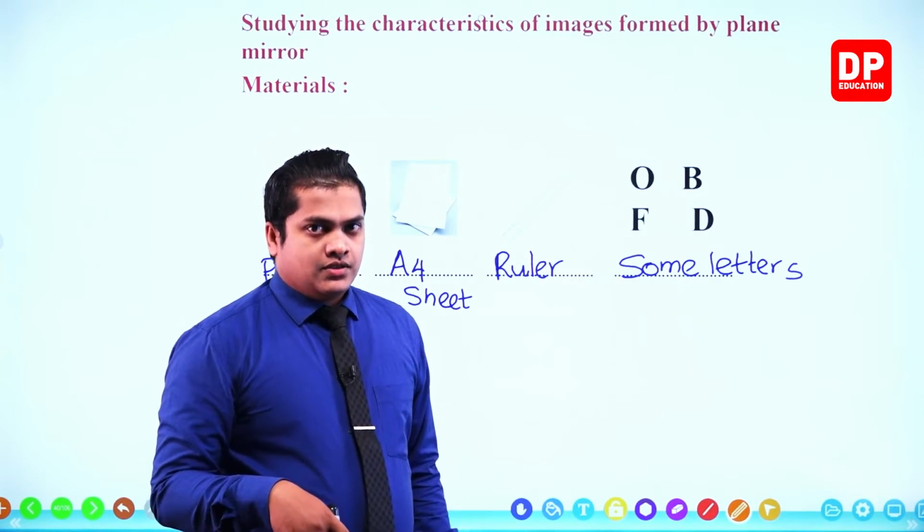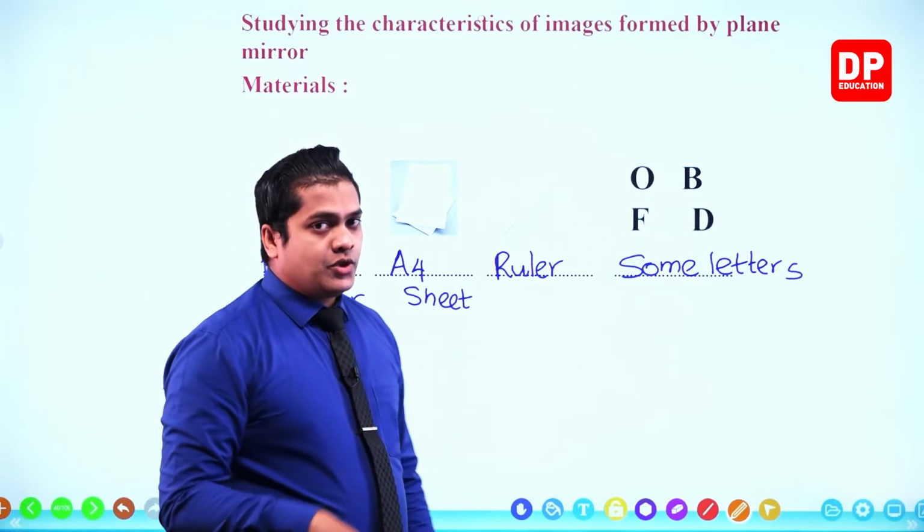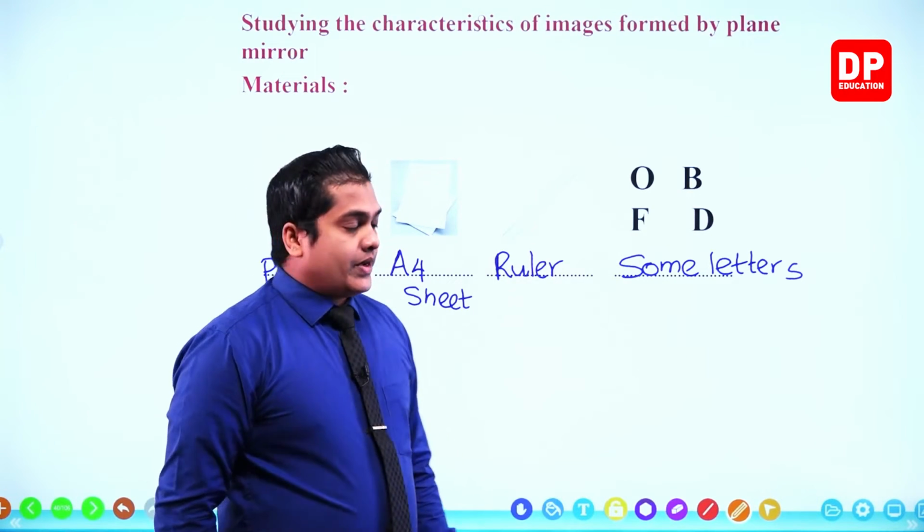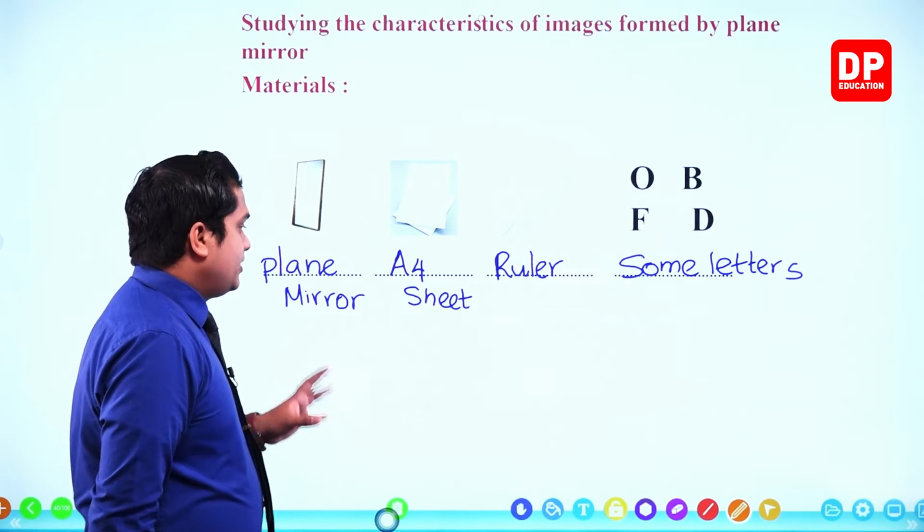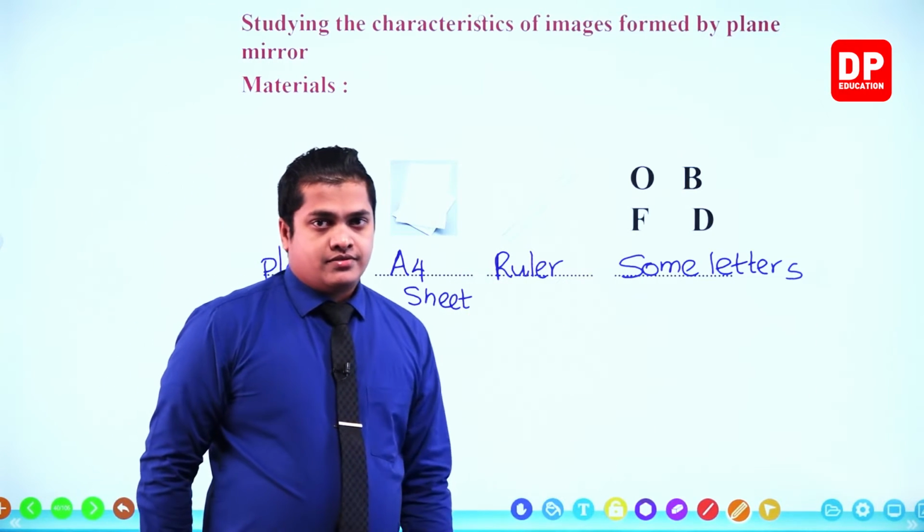So you'll need an A4 sheet, a plane mirror, a ruler, and some letters.